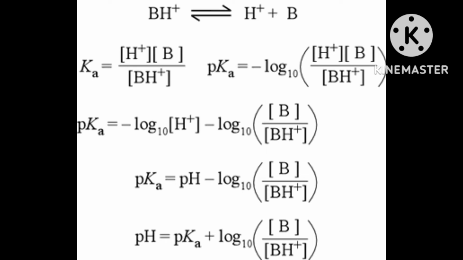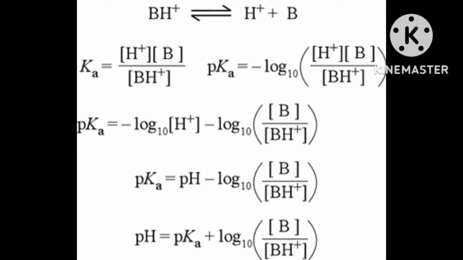The pH of the solution will be equal to the pK of the acid, as I told you. So for preparing the buffer solution of the required pH, we select that acid whose pK is close to the required pH.